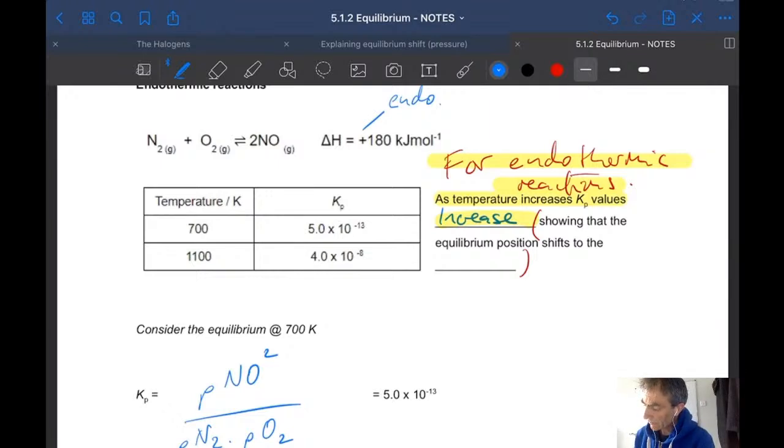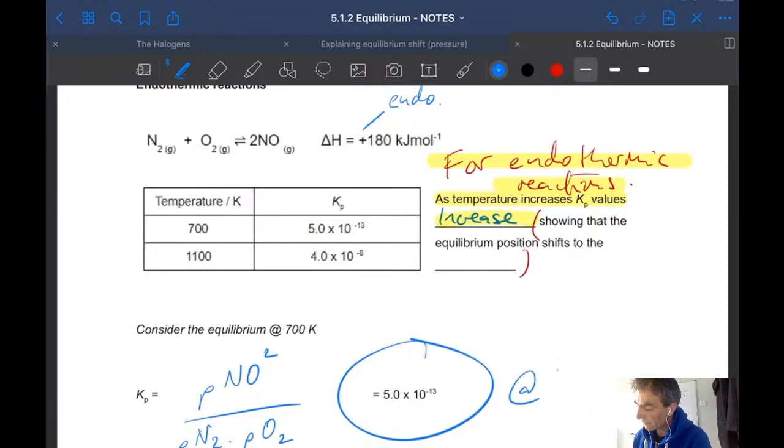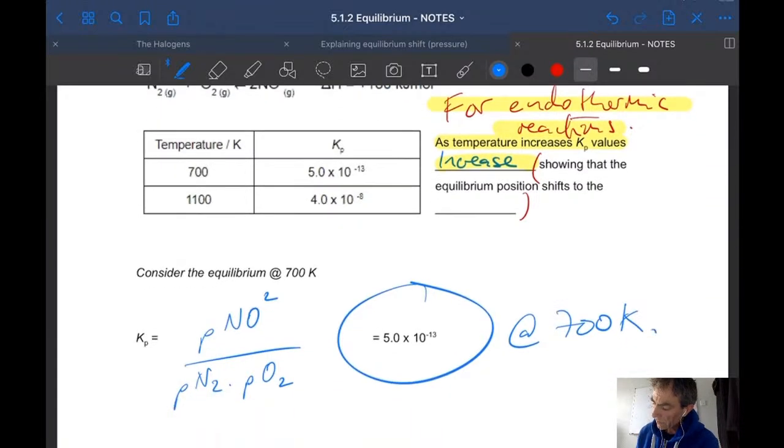So that value there is the value for 700 Kelvin. Okay. So if you increase the temperature, these partial pressures, if they don't change, will still give that value, which is the wrong value for 1100 Kelvin. So the partial pressures have got to change to get the new Kp value.